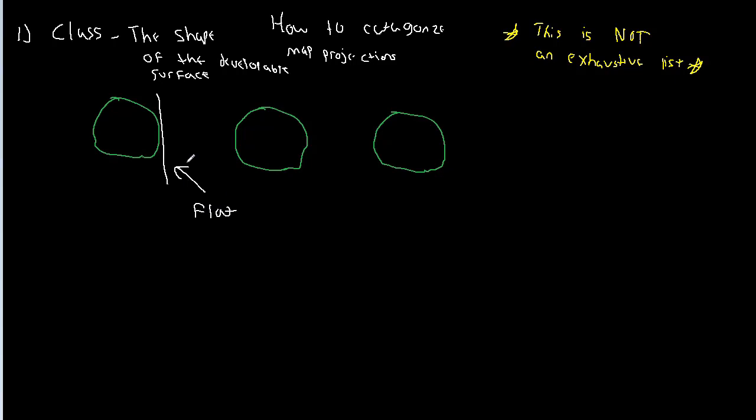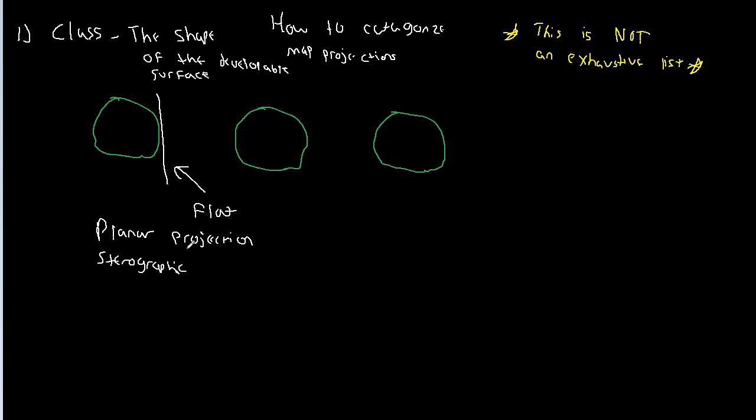When we leave the developable surface as a flat sheet, we typically tend to call this a planar projection, or sometimes you'll hear it called a stereographic.